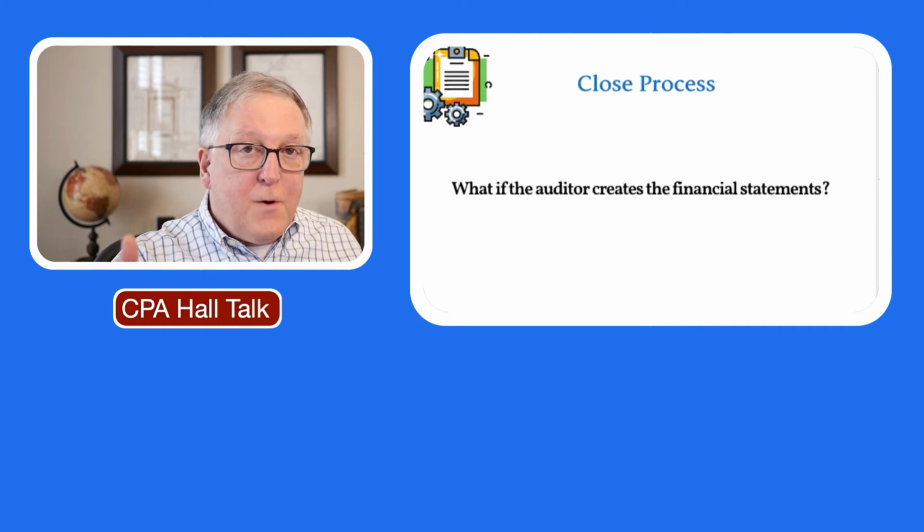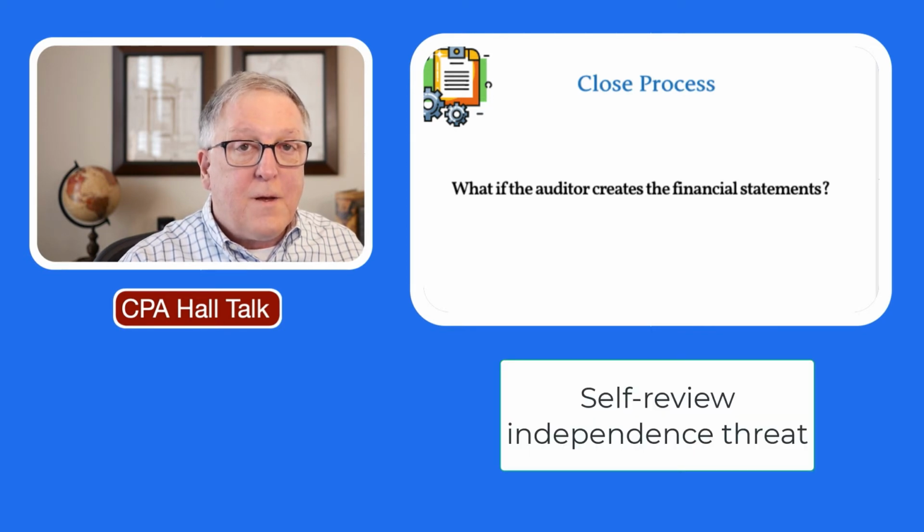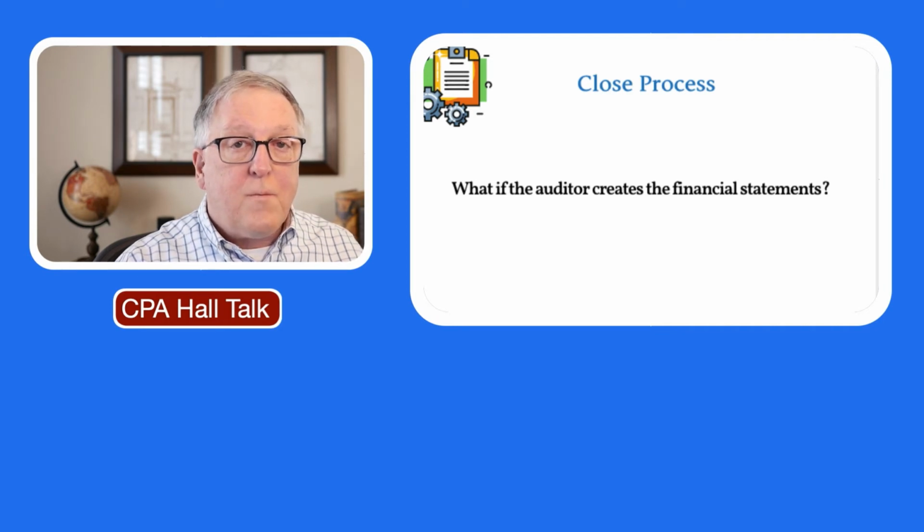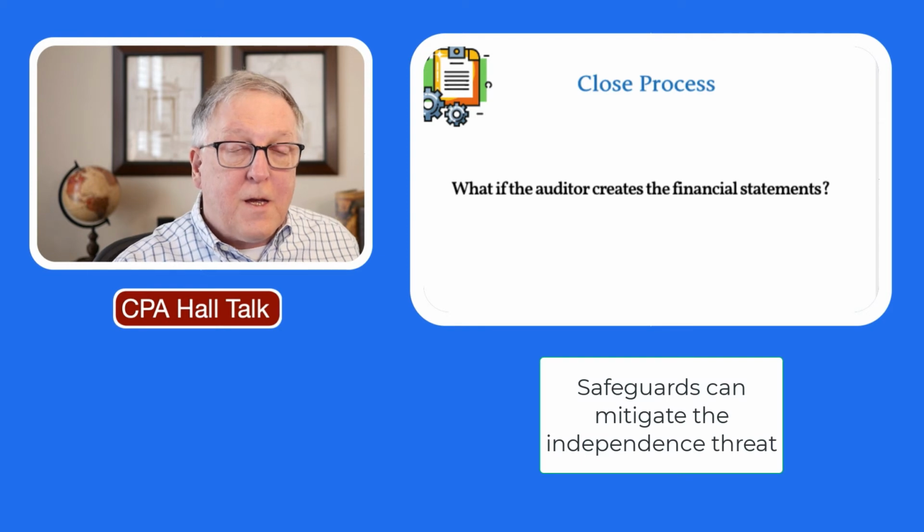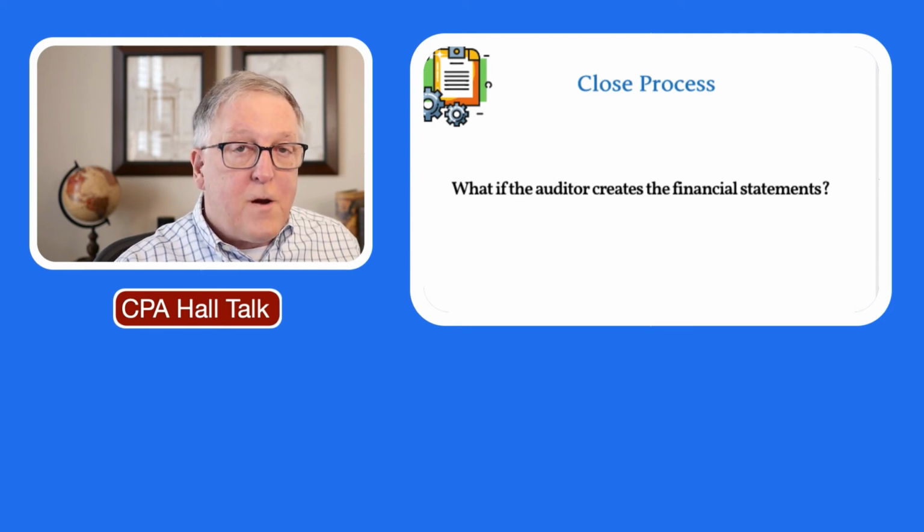Now, when you create the financial statements, you have a self-review threat from an independence perspective. And you want to make sure you document in your audit file that this does not impair your independence. If it does impair your independence, then you can't do the audit.